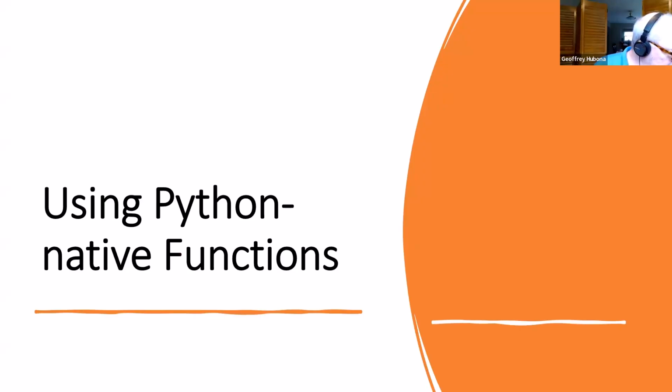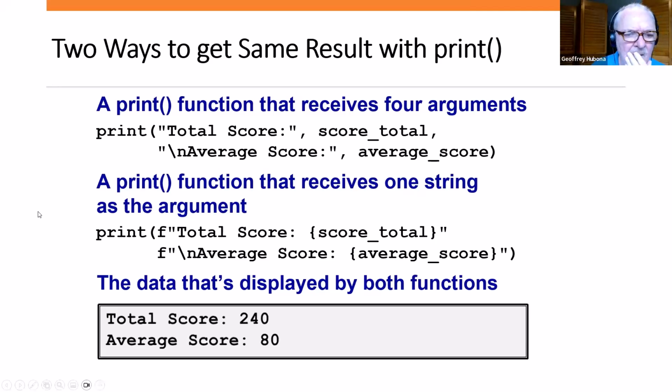Okay, so let's look at some relevant Python native functions. Okay, so here we're using print, and this first print receives the 4 arguments, right?